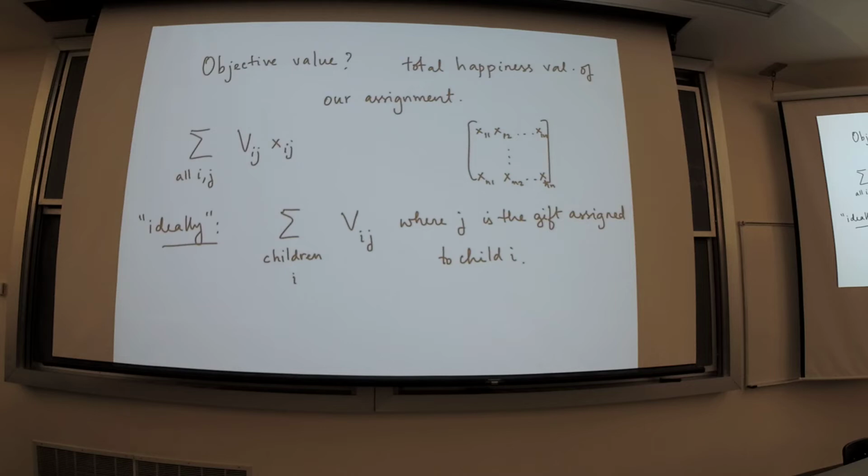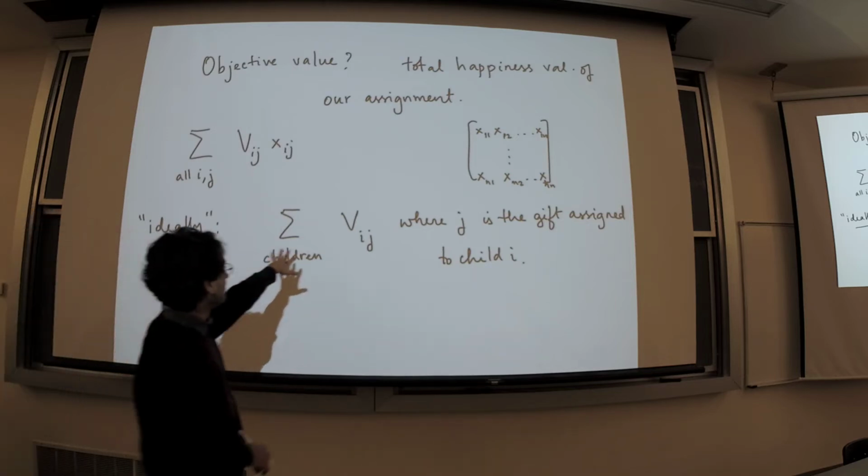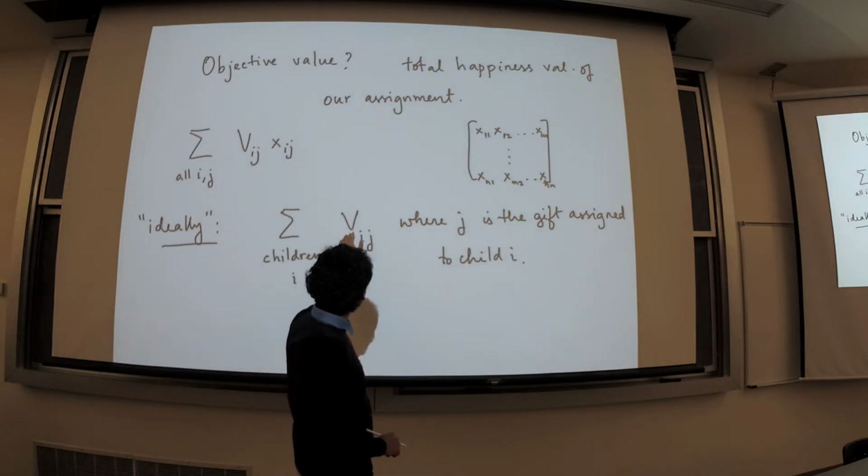So this is what we would like to do, right? The sum over children i of the value of i and the gift that is assigned to i.